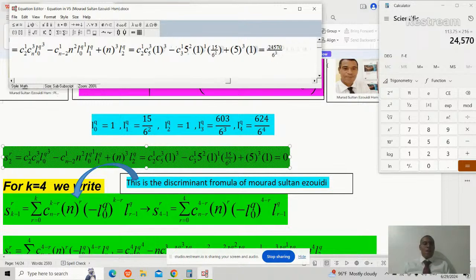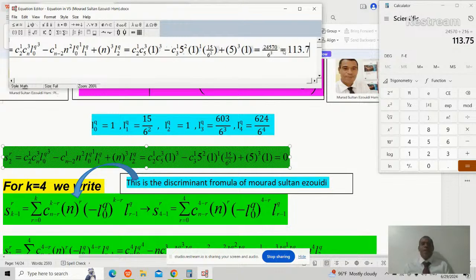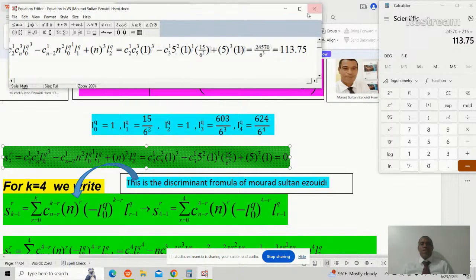I will now check. This divided by 216, I will get the same value, which is 113.75. Therefore, I finished now the value of S2.